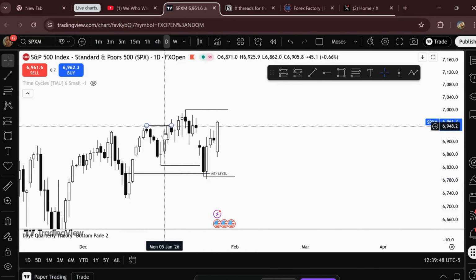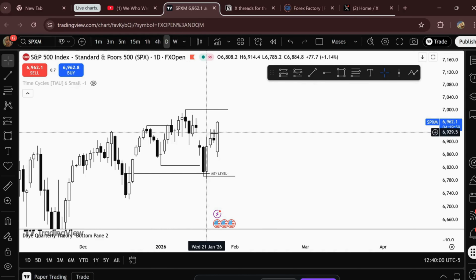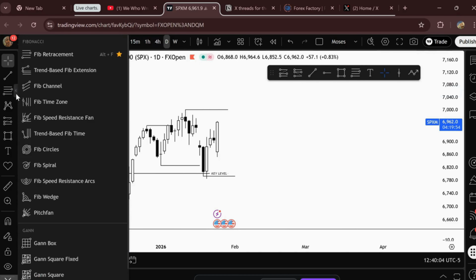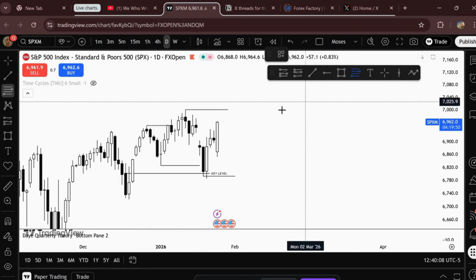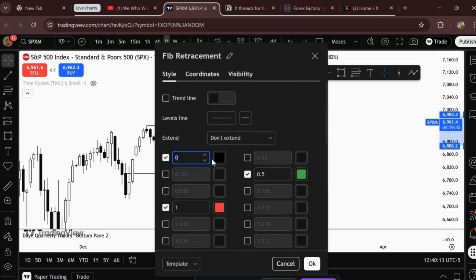Once you've been able to spot the dealing range, you want to find out, in this dealing range, are we at a premium or are we at a discount? To do that, we are going to be using the Fibonacci toolbar. So if you don't know where it is, you want to go here, Fibonacci retracement. And my Fibonacci just has a very simple setup. I turned off all the other values, leaving the 0, 1, and 0.5.